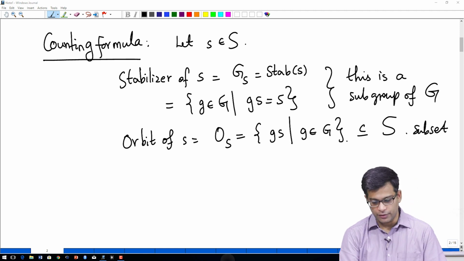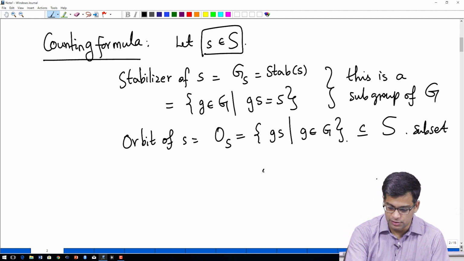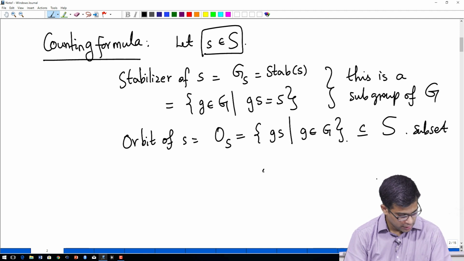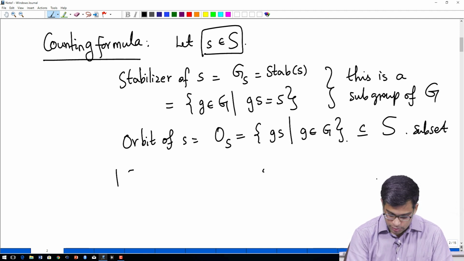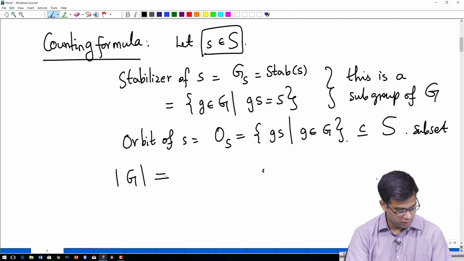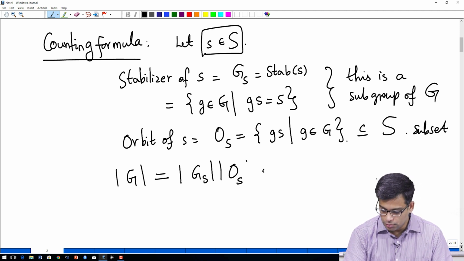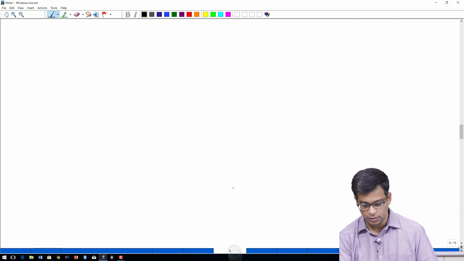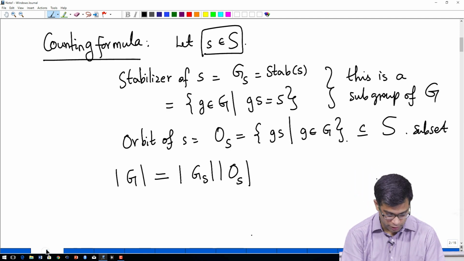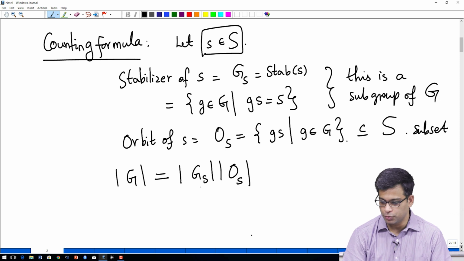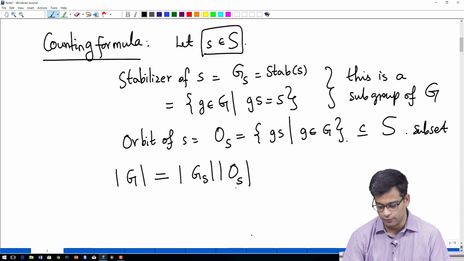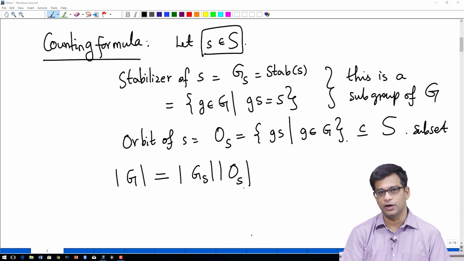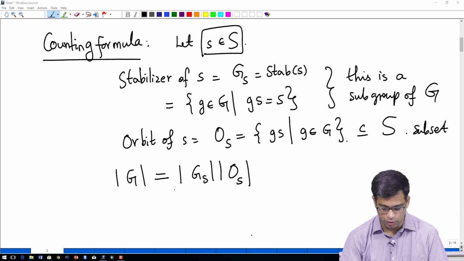These are the two things that we attach to a particular element, small s, and the counting formula says the order of G is equal to the order of the stabilizer times the order of the orbit, meaning the number of elements. So, you take the order of the subgroup G_s and multiply with the number of elements in the orbit, and you get the order of the group.